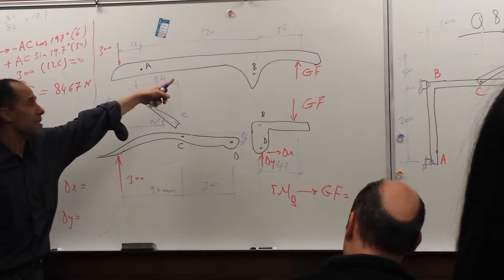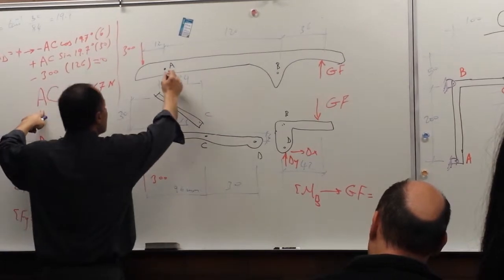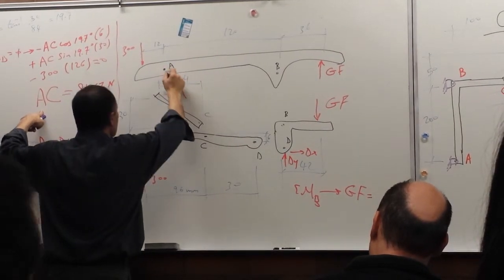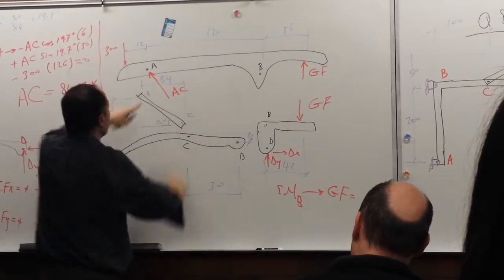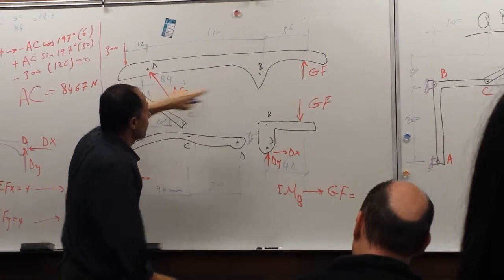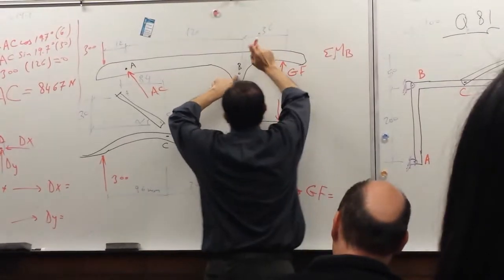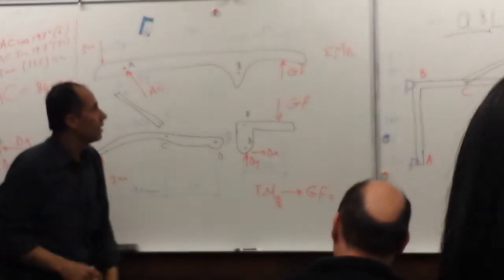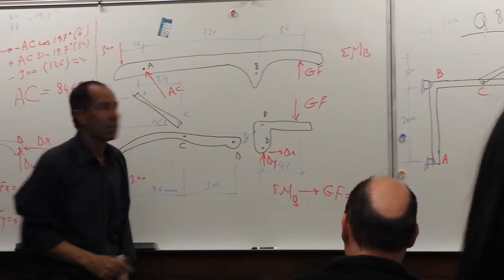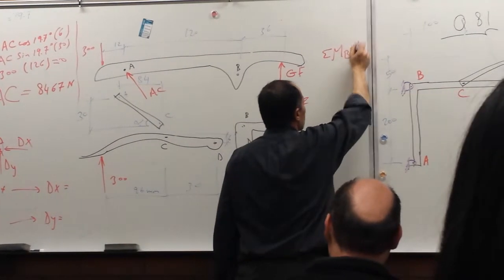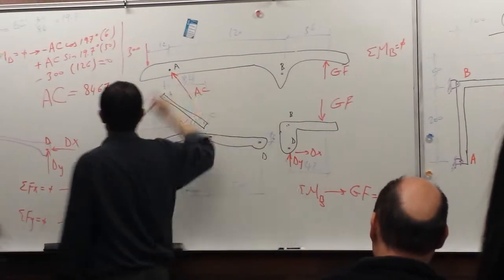I go to the upper side, I calculate AC. I know this, I calculate sum of the moment at B for this upper side. Agree? Equals 0. So let's look at this side here.